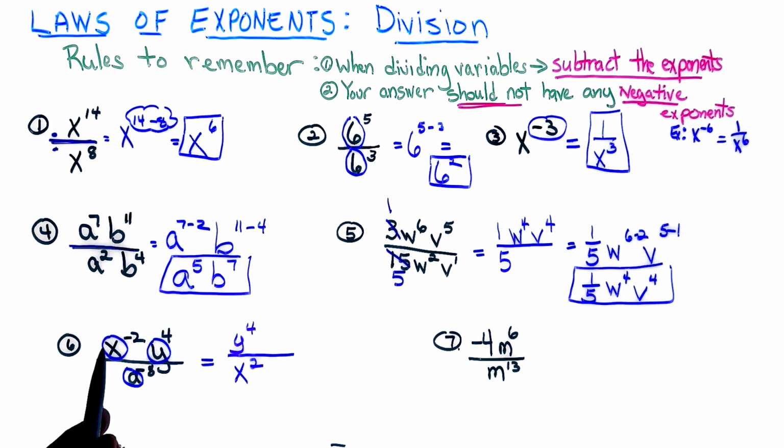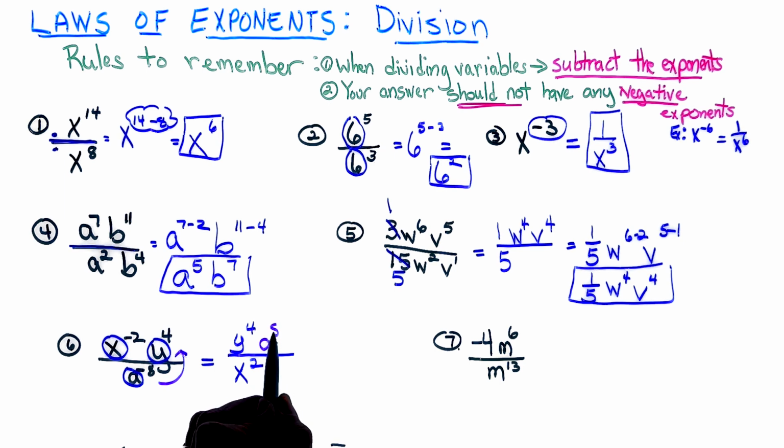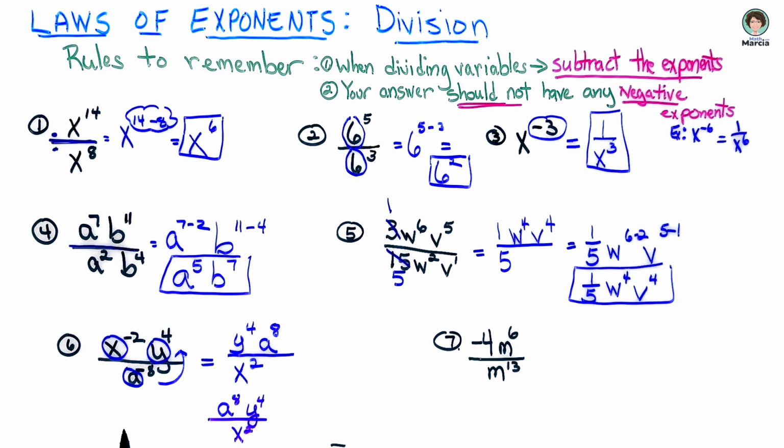Well, just like we brought x down, we have to bring the a to the negative 8 down to make it a positive 8. And that actually is our answer. If you wanted to write it with the variables in alphabetical order, you could write it like this, but I will tell you, either answer is correct.